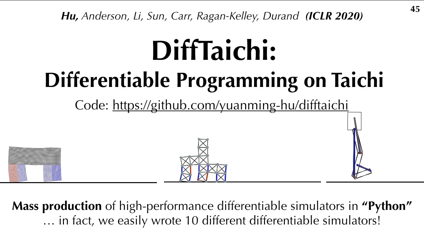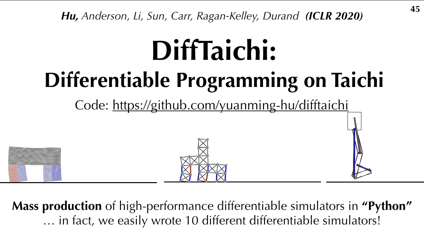Apparently, Taichi was not differentiable, so we developed a different system, which we call DiffTaichi. That's a differentiable programming extension on Taichi, and this work was published at ICLR 2020. In DiffTaichi, we can easily mass produce high-performance differentiable simulators in a language that is very similar to Python.